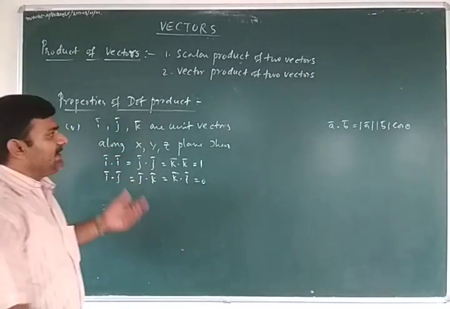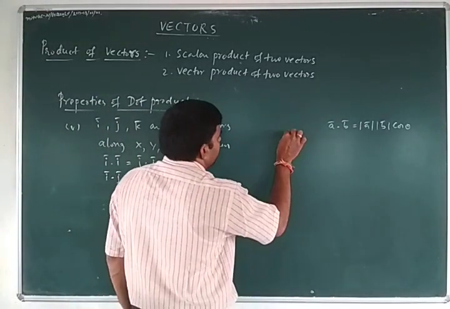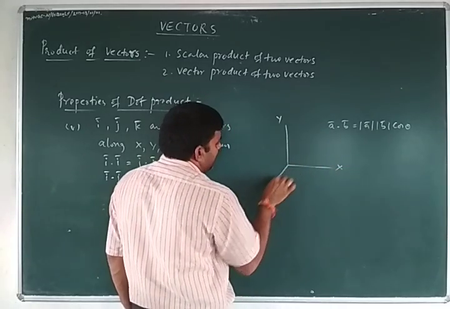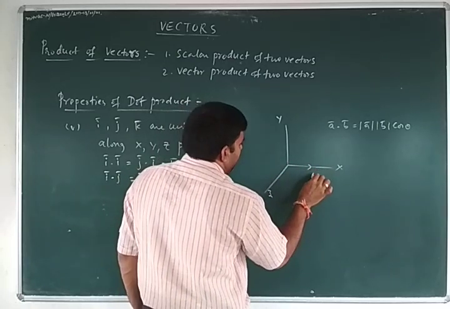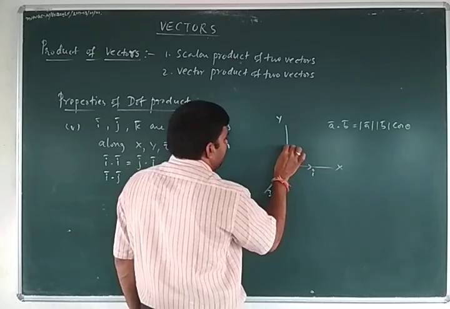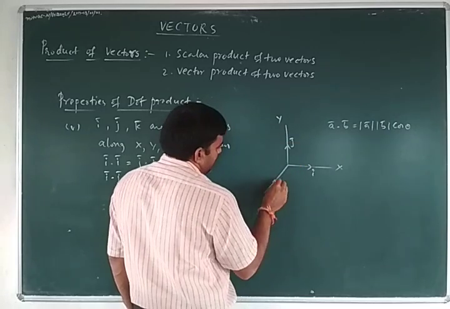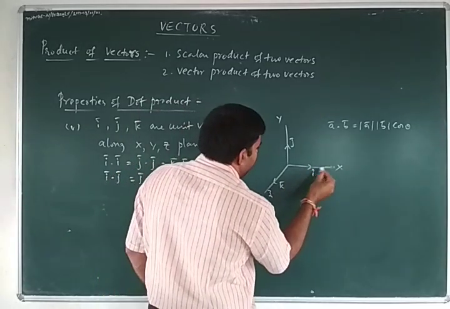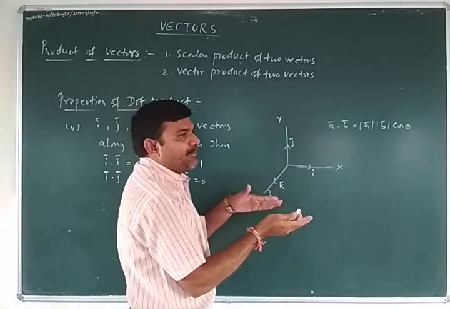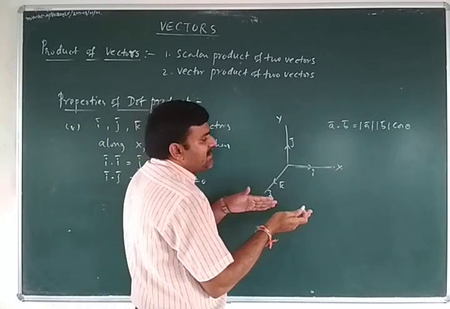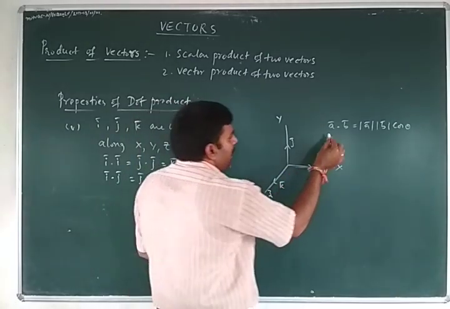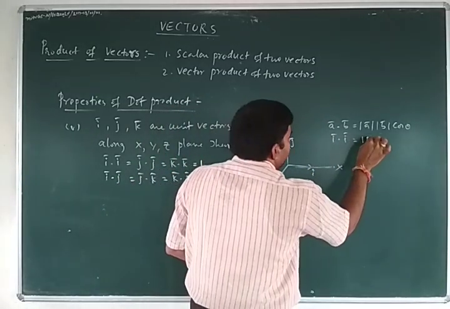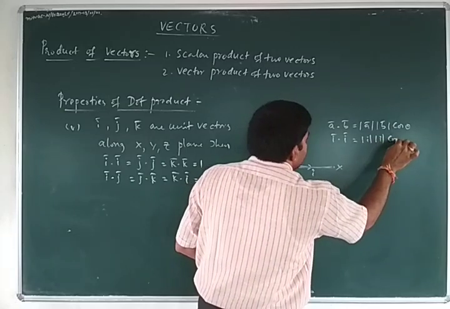How do we get that? Briefly I am explaining now. Here, on the x, y, z axes, I bar is a unit vector along the x axis, with J bar and K bar along the others. Now I bar dot I bar means both are parallel vectors, and parallel means the angle between the two vectors is 0. So I bar dot I bar is mod I bar into mod I bar into cos 0.